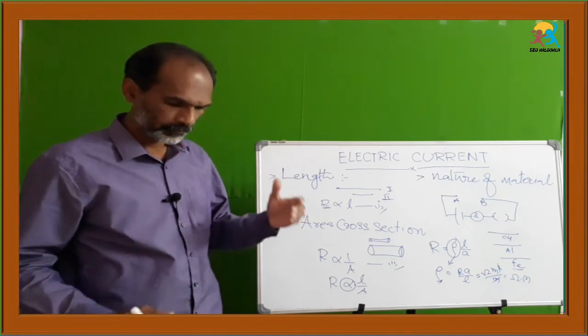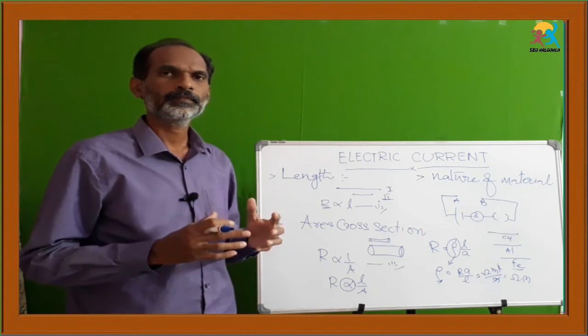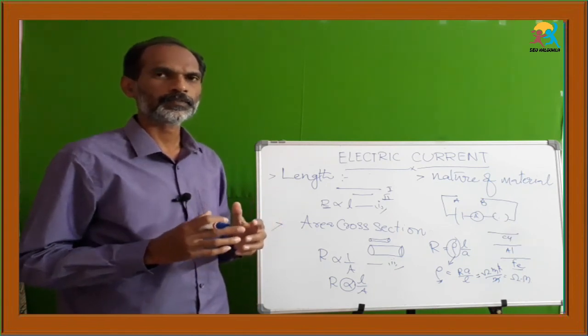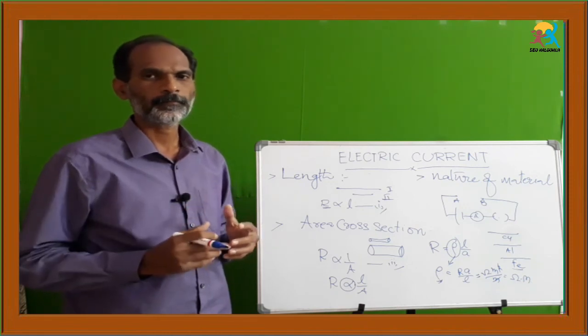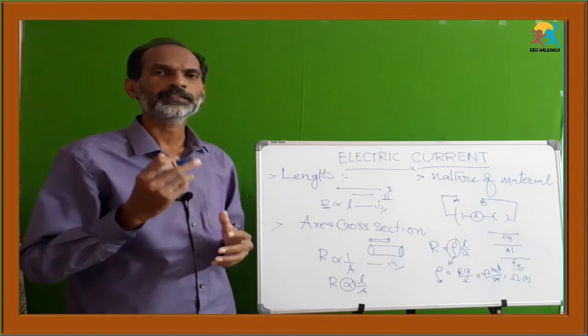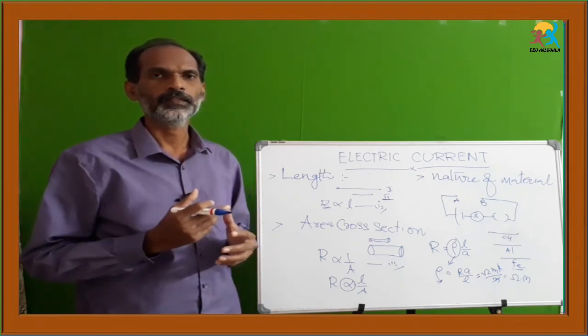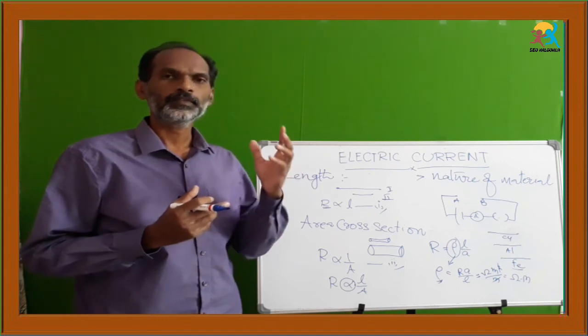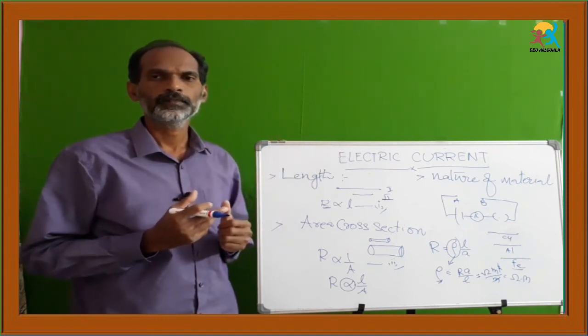Now we will talk about different types of connections. Different types of connection means the series connection and the parallel connection. In our household there are many devices that work electrically. If we want to switch on the fan, we need not switch on the light.